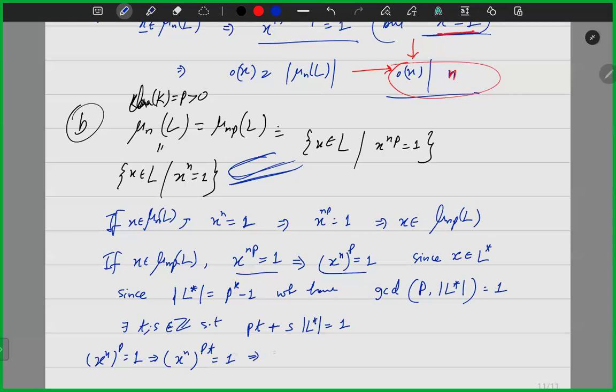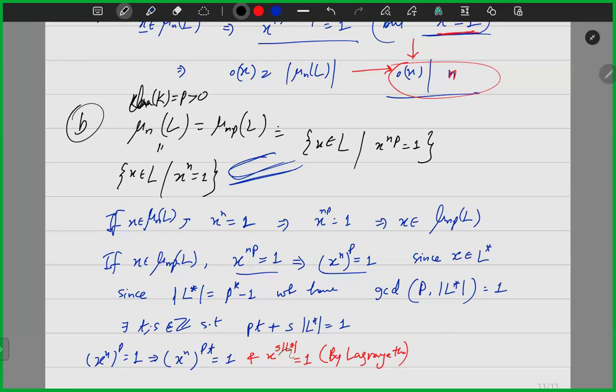Now, x^(order of L* times s) will be 1, because x belongs to L*, a multiplicative group, and by Lagrange's theorem.